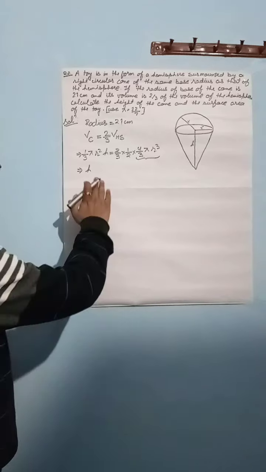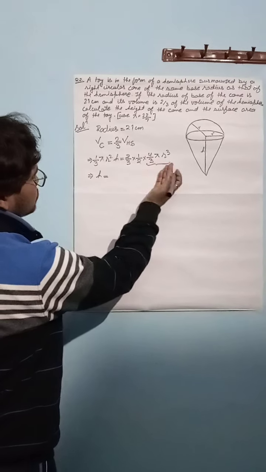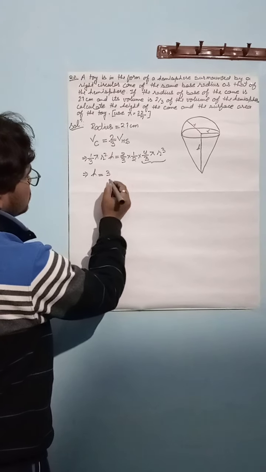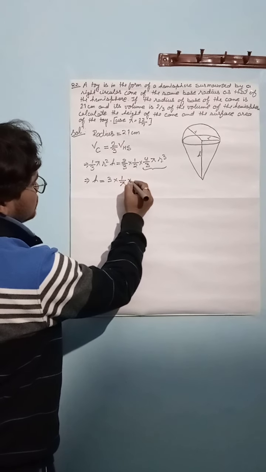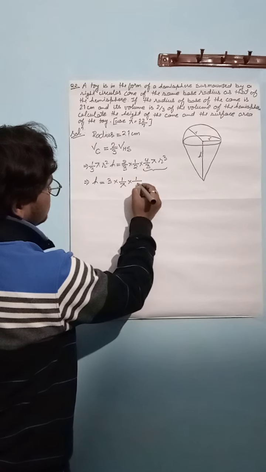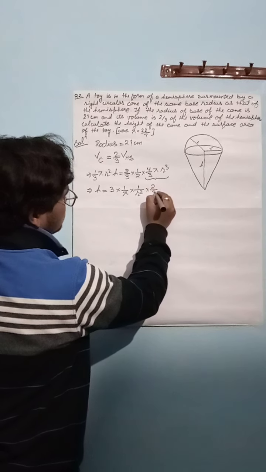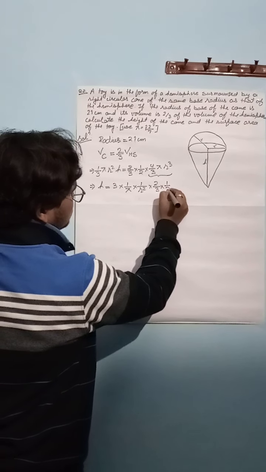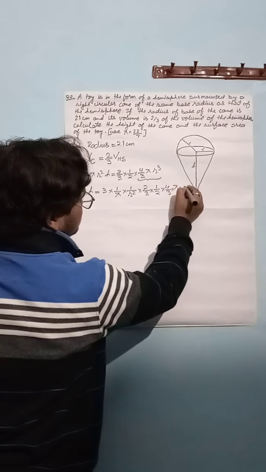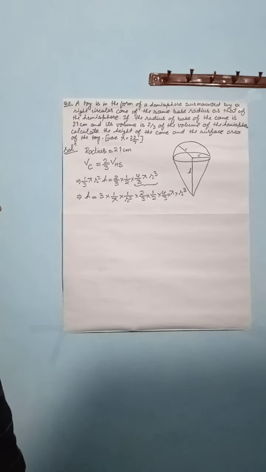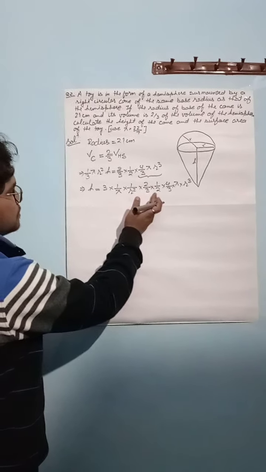We will transfer the values to the right side so that they get inverted at the other side.